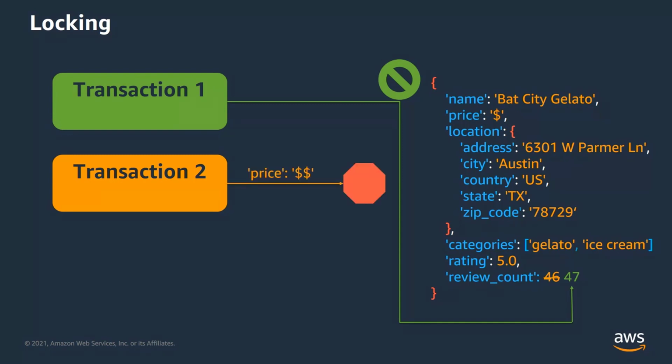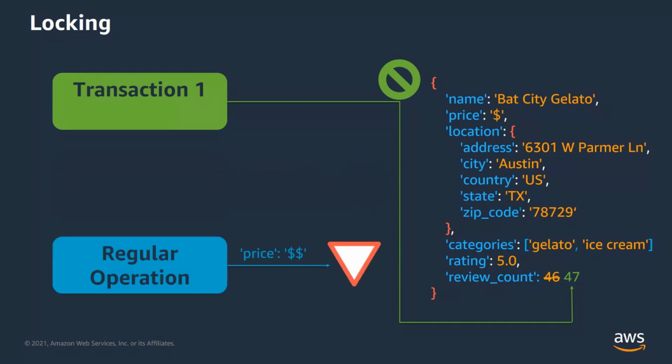It wants to update something different in that document, like the price to $2 signs. It will encounter that there is a lock on there, and it will roll back all of transaction number 2. So it hits a wall and then unrolls itself, so that the transaction is rolled back.